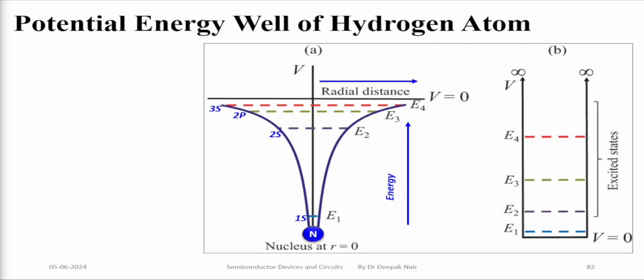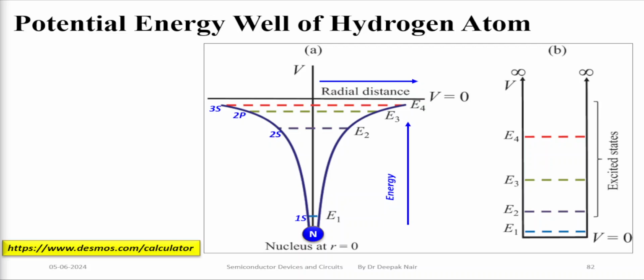If you see this shape, it looks more or less like a well, and that is why it is called a potential energy well. Remember, this is not a two-dimensional diagram, it is a three-dimensional diagram. For more information, you can visit some of the websites which I will provide in the link.